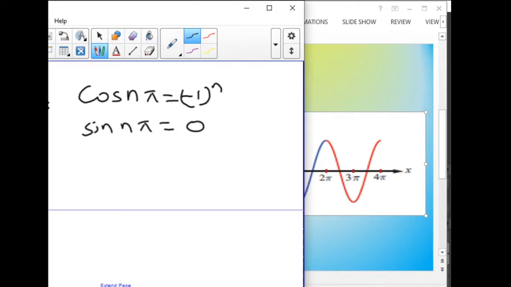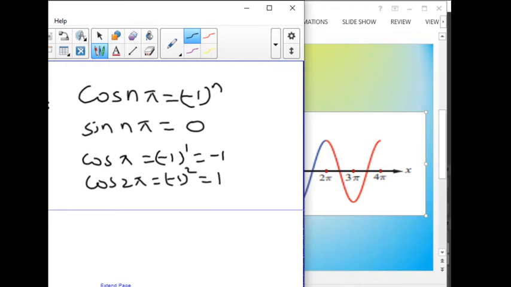So this is the general form. So cos pi means n is equal to 1, so it is minus 1 power 1, so it is equal to minus 1. Cos 2 pi is minus 1 square, so it is plus 1.